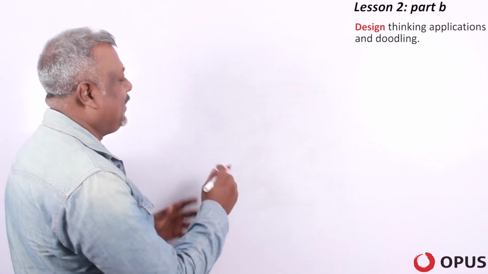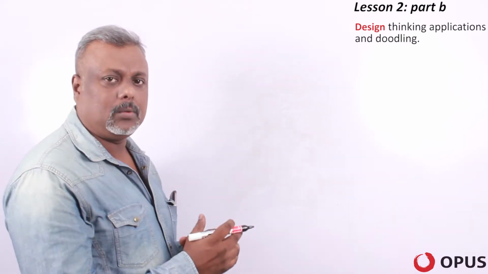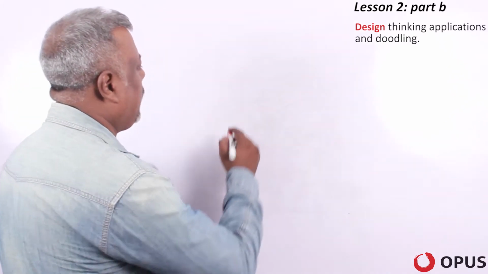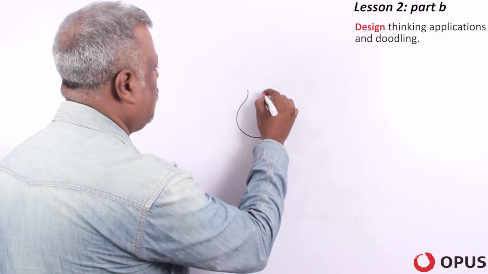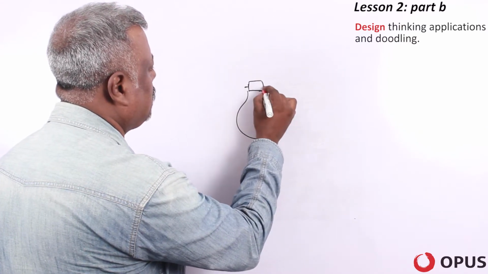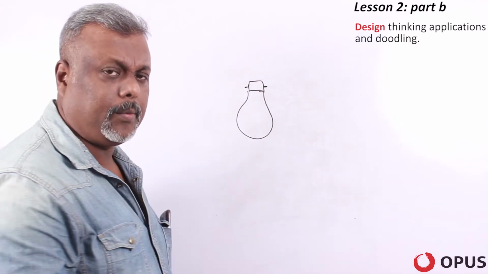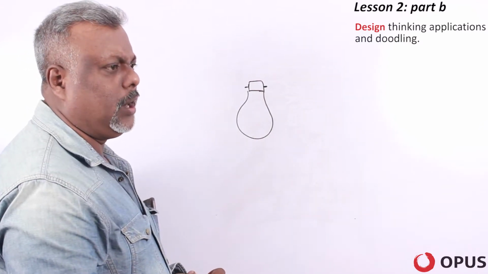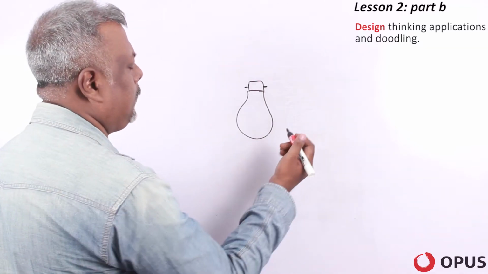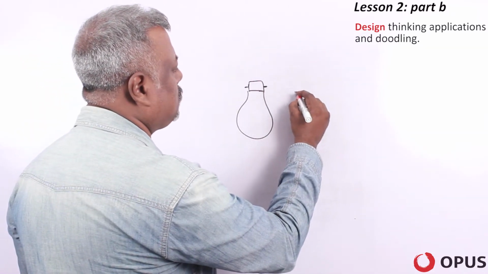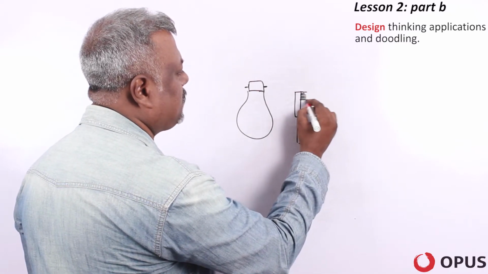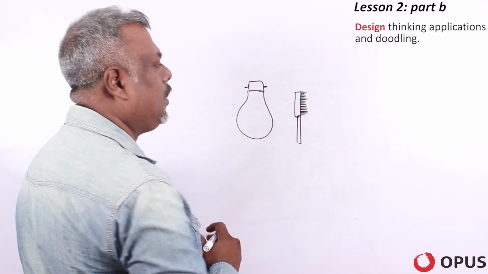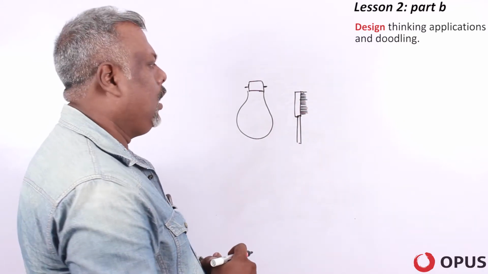Fine, so let me see what we can do today. There are certain shapes given to you, maybe. Say for example, a shape of a bulb. A bulb is given to you. Maybe they give you half of a toothbrush with the bristles, a broken toothbrush.